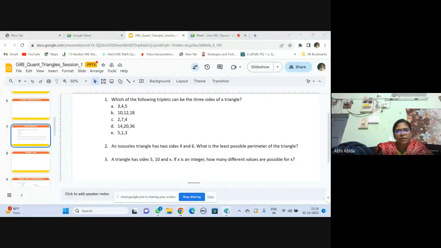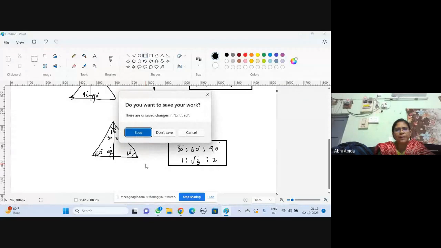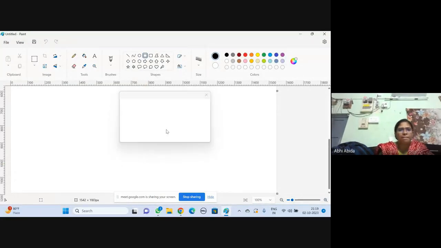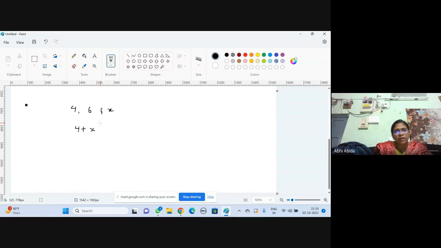By using this concept, let us say the sides given are 4 and 6, and we don't know the other side, x. The sum of two sides should always be greater than the third side, so 4 plus x should be greater than the third side, which is 6.